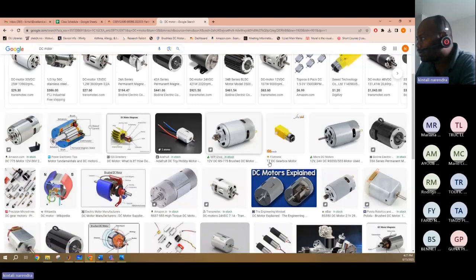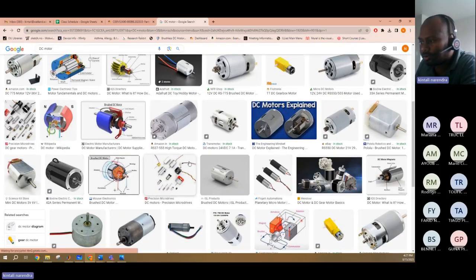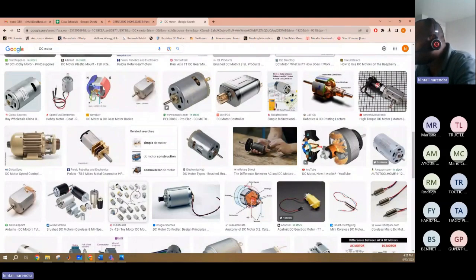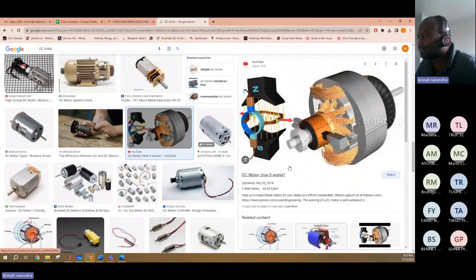Look at this picture. This is positive and negative, connected to the battery. From the power supply, you give it to a brush. These blue ones are the brushes, and through the brushes you give it to the commutator. This is a commutator, and this brown one is the conductor.